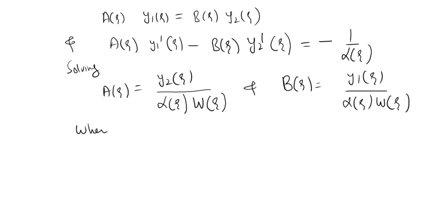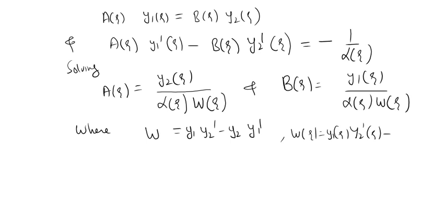So what is W here? W is the Wronskian, which is defined as y1 y2 prime minus y2 y1 prime, and in terms of xi it will be y1(xi) y2 prime(xi) minus y2(xi) y1 prime(xi).